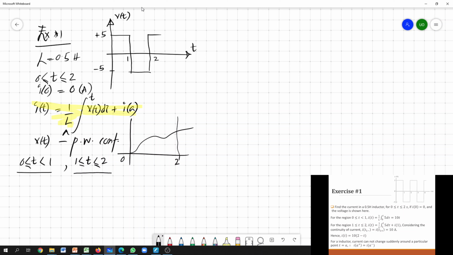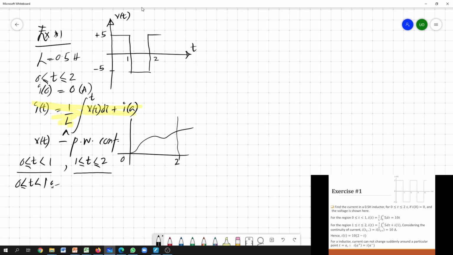So first we consider that t is in between 0 and 1, during this interval. Then we can find the value.